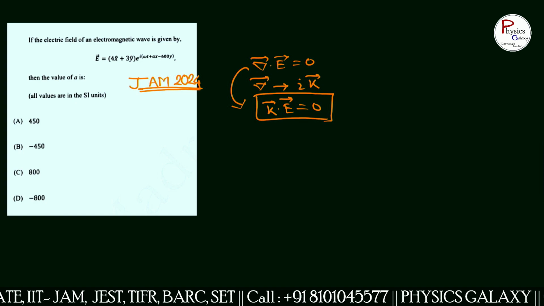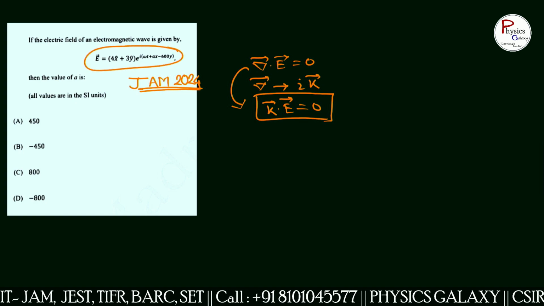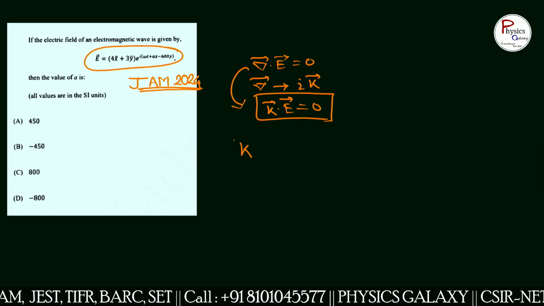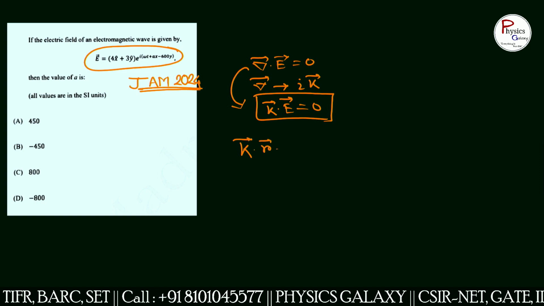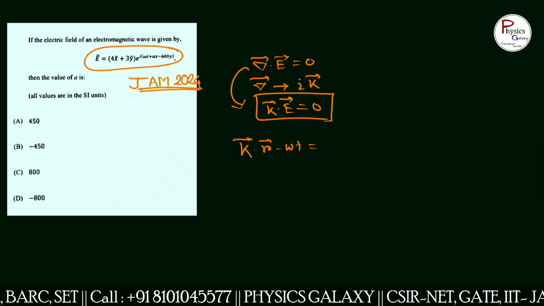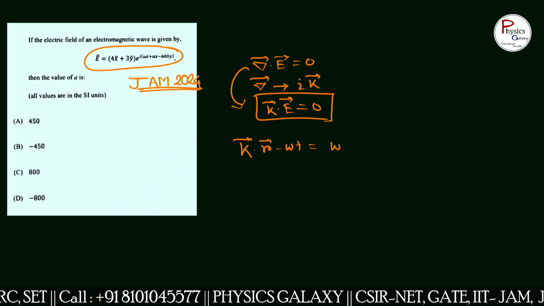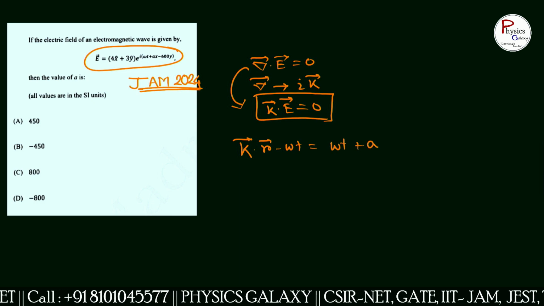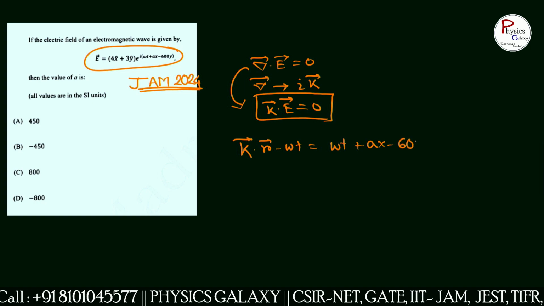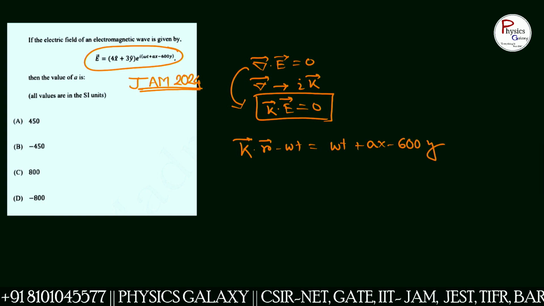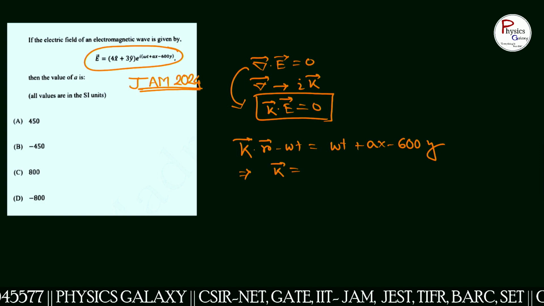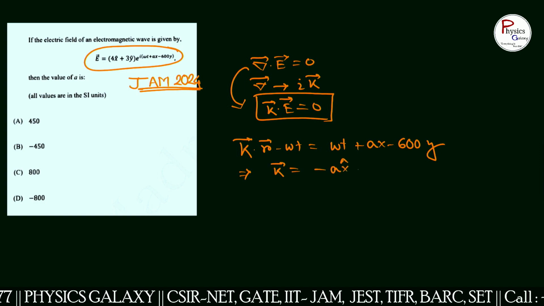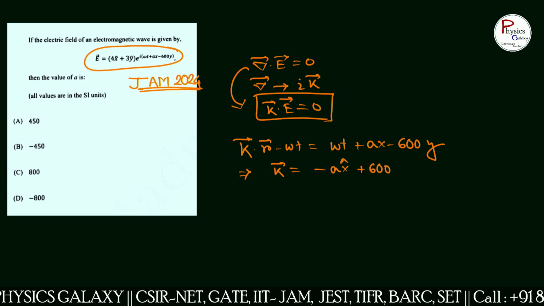Now from the question we get the k value, where k dot r minus omega t is given in the question as omega t plus ax minus 600 y, so k equals to minus of (ax plus 600 y).